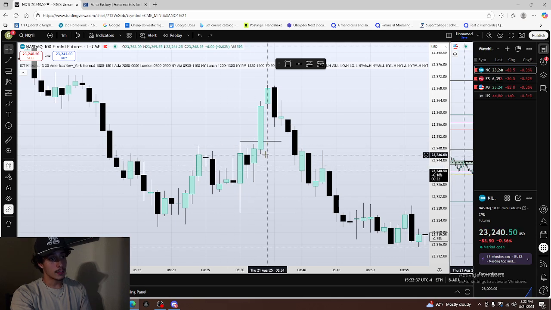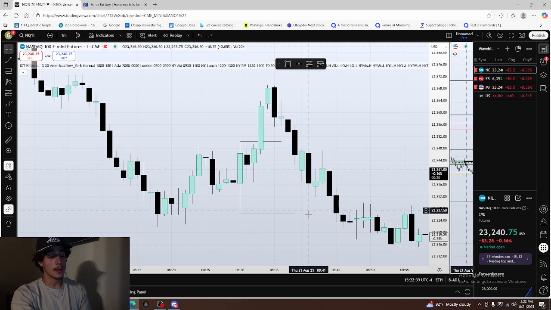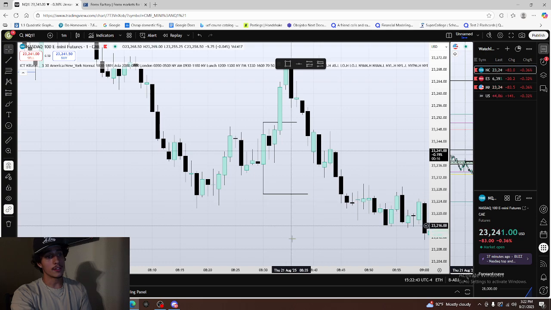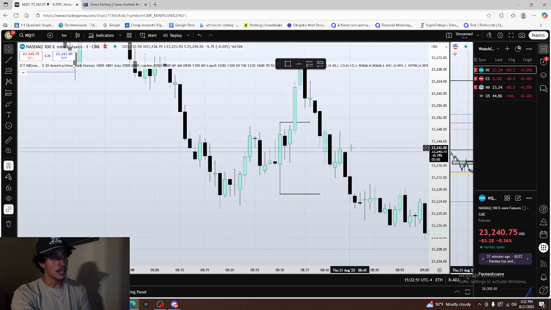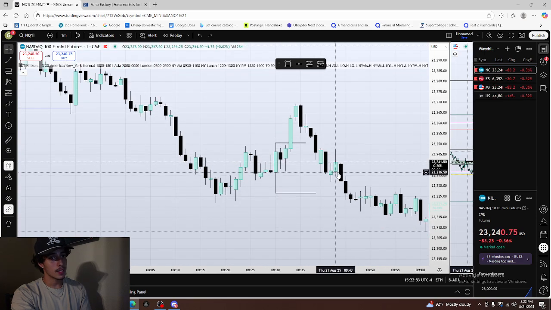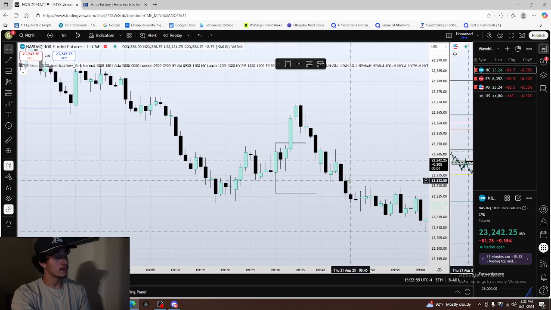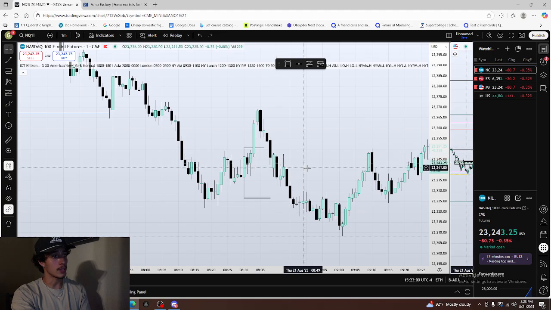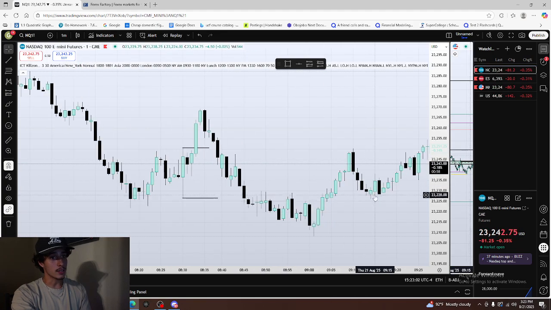Whichever one gets taken out first, here the high gets taken out first, you could bet that the low is gonna get taken out. If the low gets taken out first, the data high gets taken out after. Obviously, it's not 100%. Nothing in trading is 100%, unfortunately, but it's like a 90% thing. It's very high probability. I love my draws on liquidity using data highs and data lows.